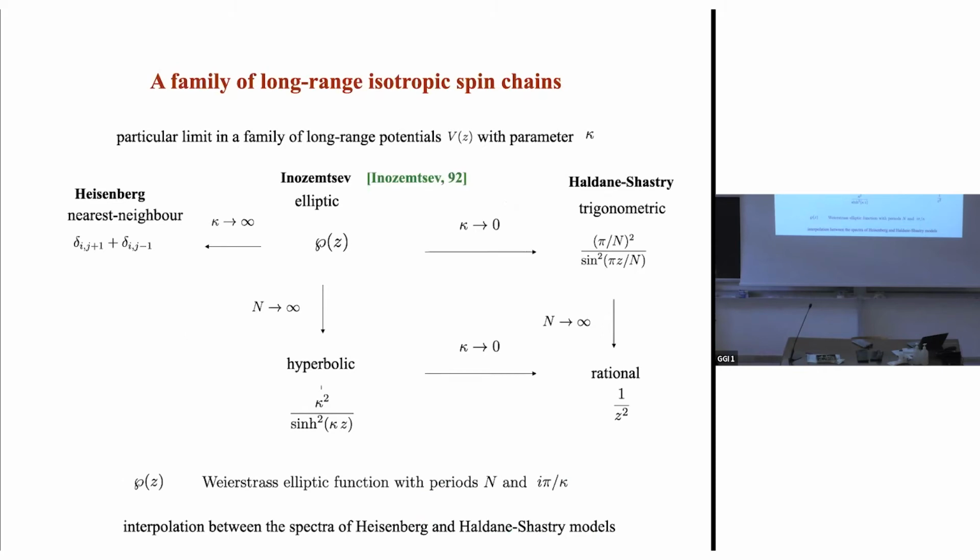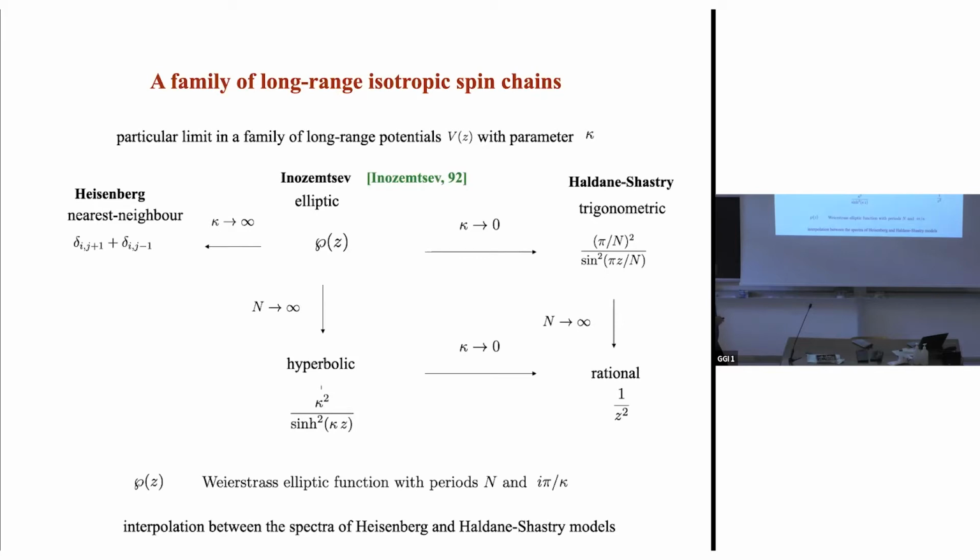And this model belongs to a family of integrable models. So it is in some corner of a parameter space. One can replace this potential of interaction between spins by an elliptic function. So this would be a deformation of this 1 over sine squared. P is the Weierstrass elliptic function.